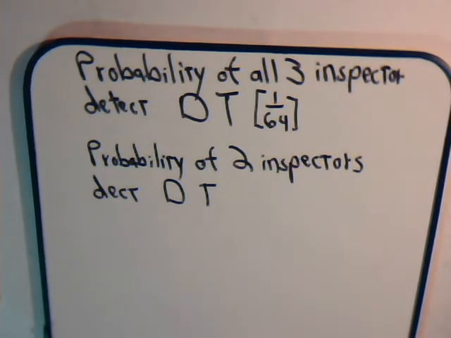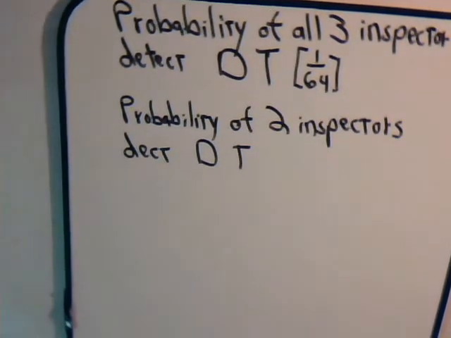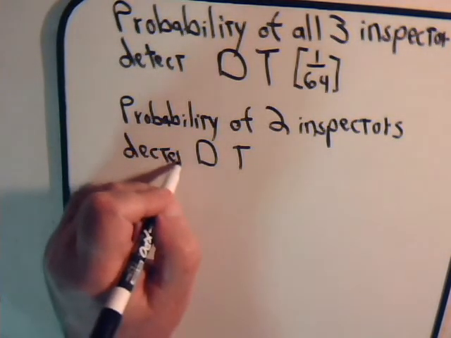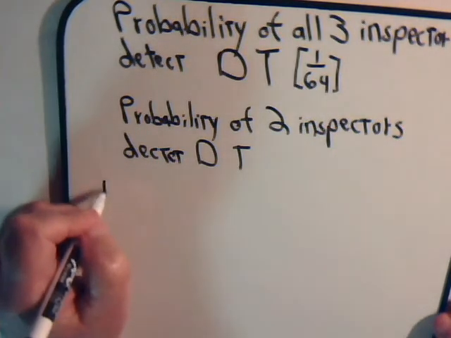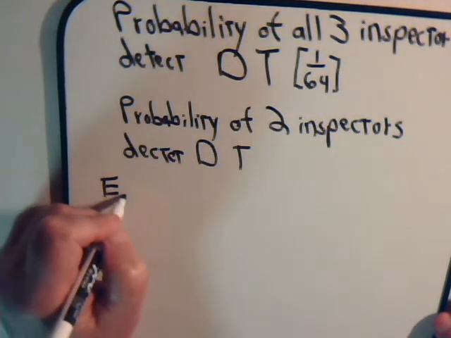Now, how can this happen? Well, let's see. The first inspector might detect one, so that would be event E1.